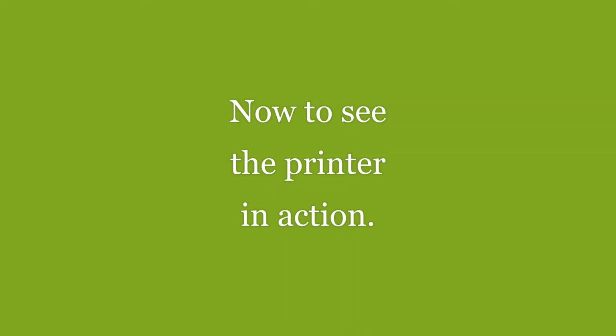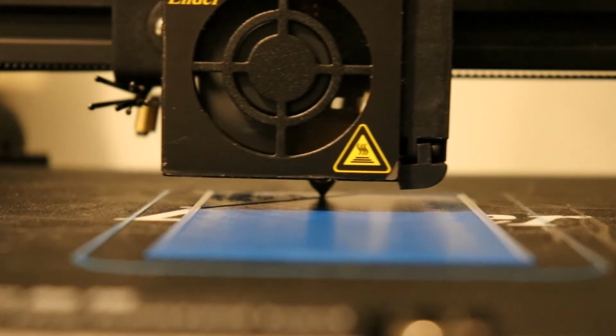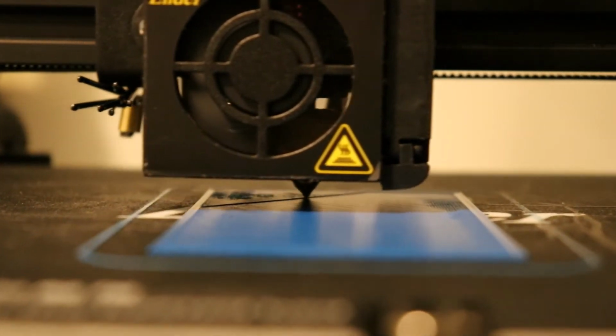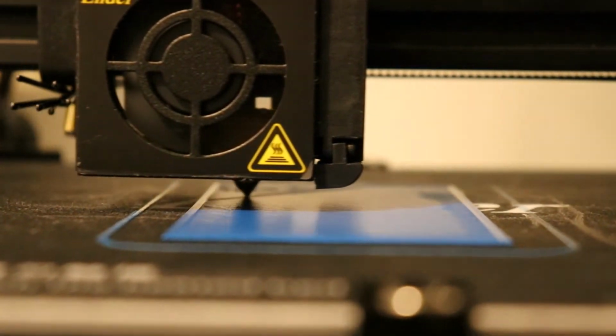Now we're just going to have a look at the printer in action. If you look really closely you can see the layers been added on as the printer goes back and forth. So this is the x-axis moving left to right and our y-axis moving front to back.